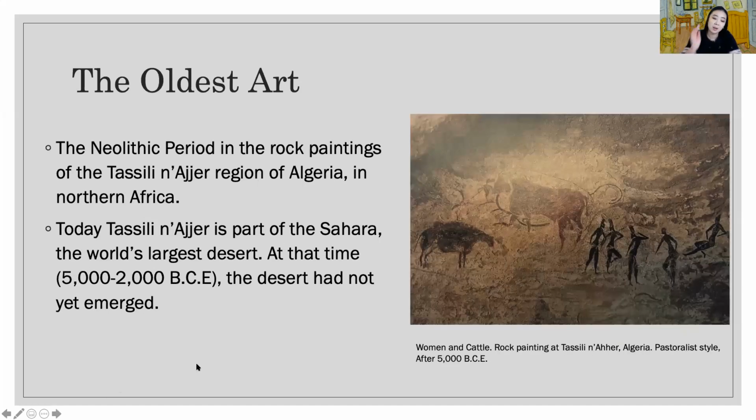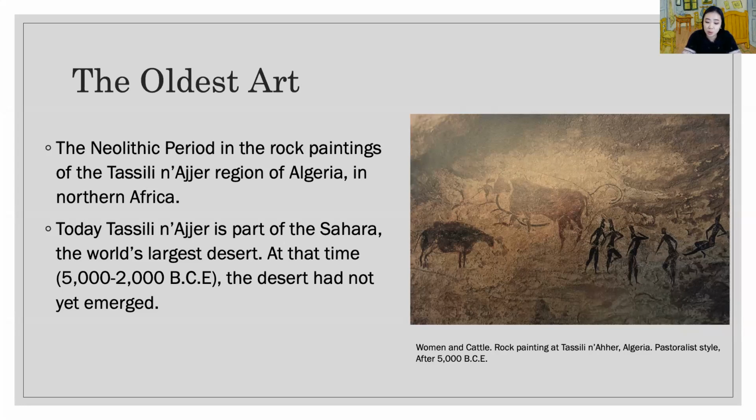And this is a daily life scene of the Neolithic period in the rock paintings of the Tassili region of Algeria in northern Africa. Today, Tassili is part of the Sahara, the world's largest desert.